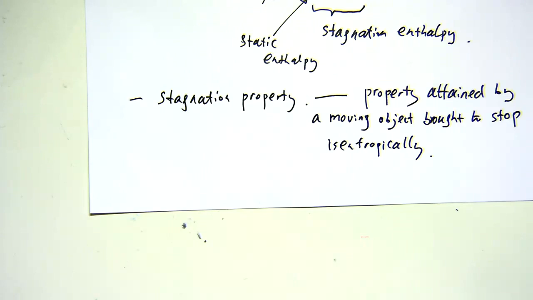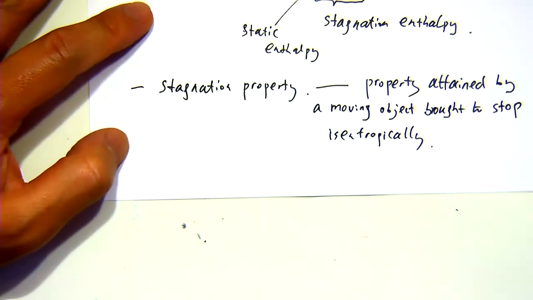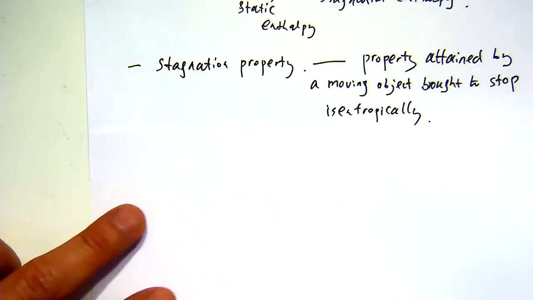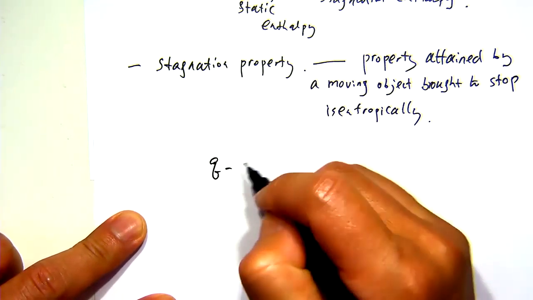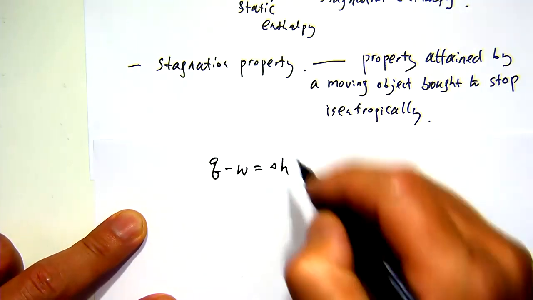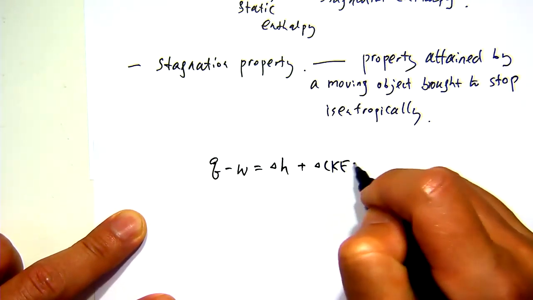So if we write the first law for this process, that will be Q minus W equals the enthalpy change plus the kinetic energy change.